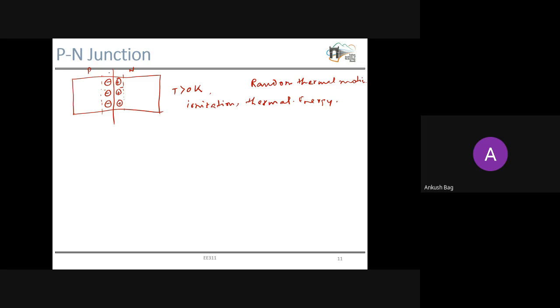Once again, I am repeating: in a semiconductor, electrons and holes are the carriers, they can move, but these ions are fixed in the crystal and cannot move. Let's say these are boron atoms. After accepting an electron, or donating holes, it becomes negatively charged.